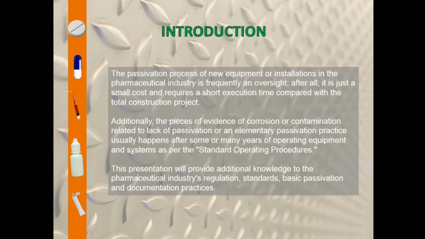Corrosion or contamination resulting from an elementary passivation practice will be seen after some or many years of the initial startup. This presentation helps you to understand the pharmaceutical industry's regulation, standards, passivation, and documentation practices.